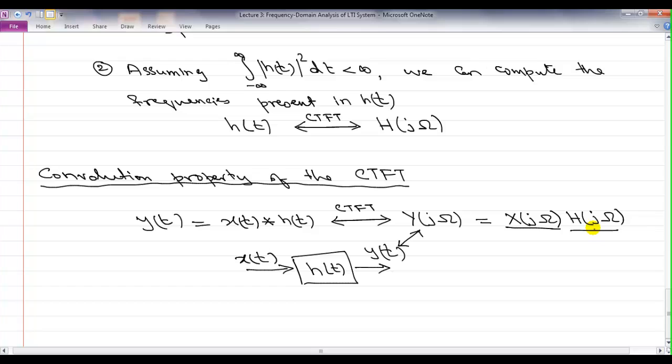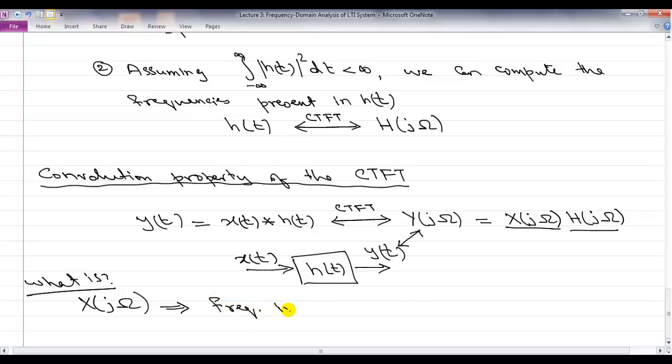So what does it mean physically though? Let's ask ourselves, what is x of j omega? X of j omega is telling us about the frequencies in x of t. What is y of j omega? Y of j omega is telling us about the frequencies in y of t, the output.